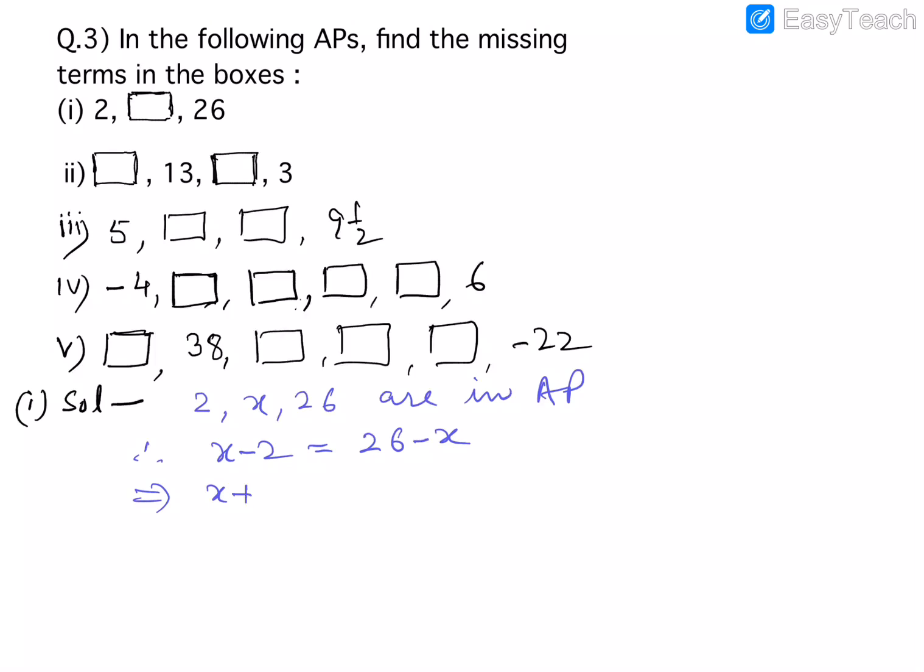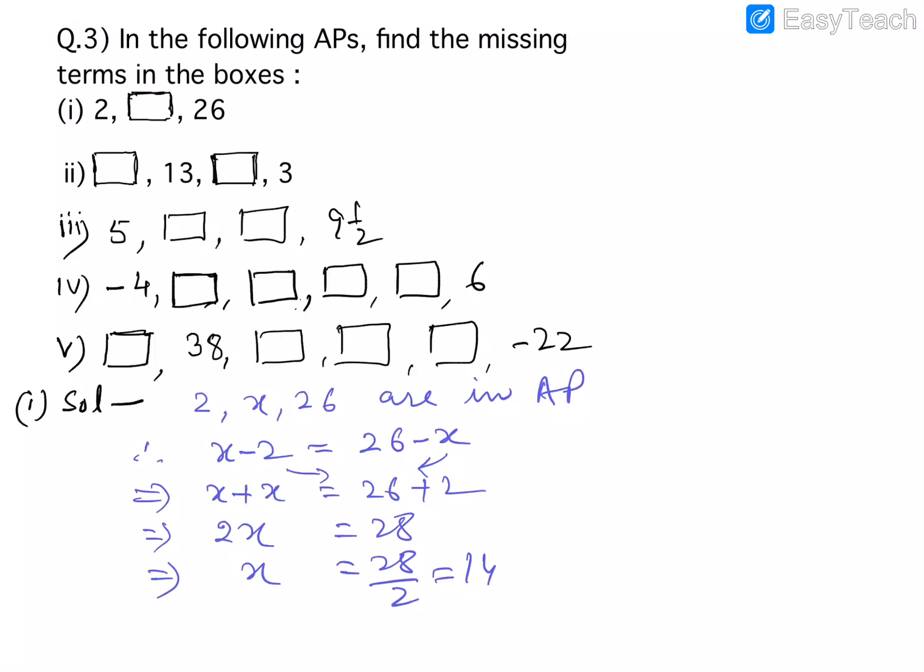Now we have to solve this equation, transferring this x to the left hand side and this number to the right hand side. This gives 2x is equal to 28. So x is equal to 28 by 2, 14. Thus we have to fill 14 here.